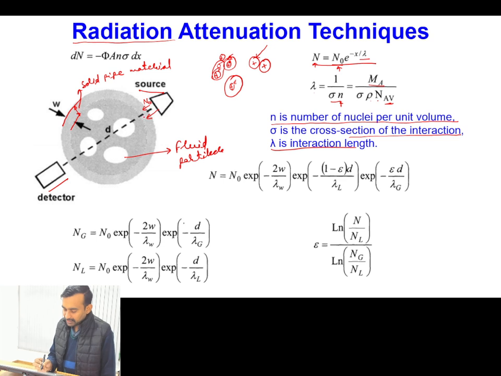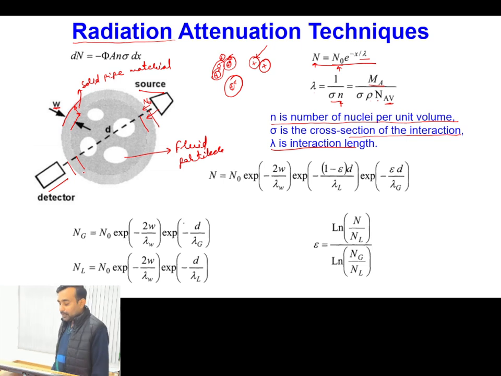Now when I have to apply this formula to this given situation, what will I have? Let us consider that small w is the thickness of the pipe material. Then n naught starts from the source, but while this signal moves along the straight path, at two places it will experience w amount of thickness of the pipe material.